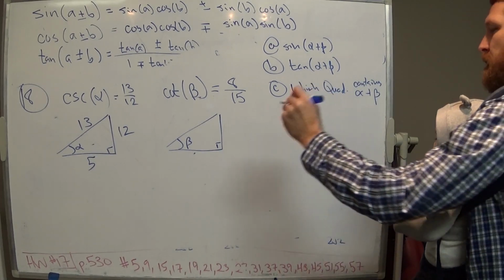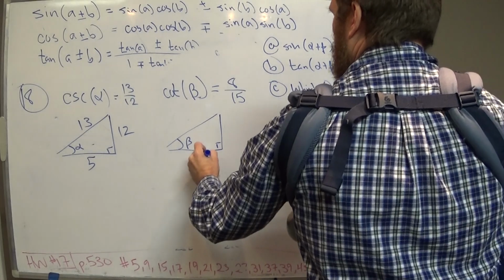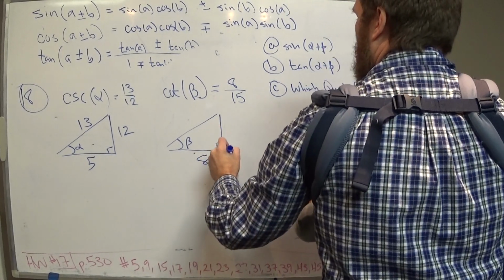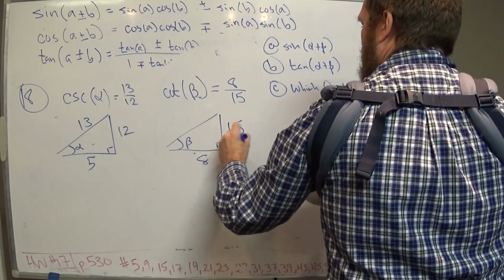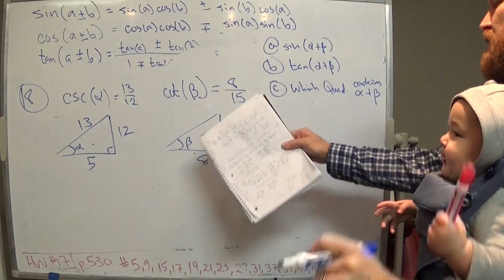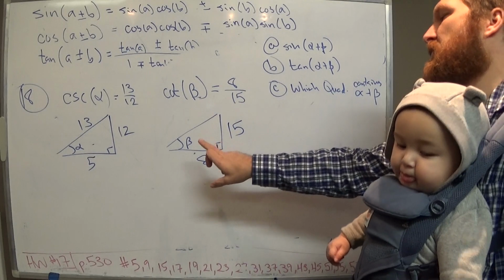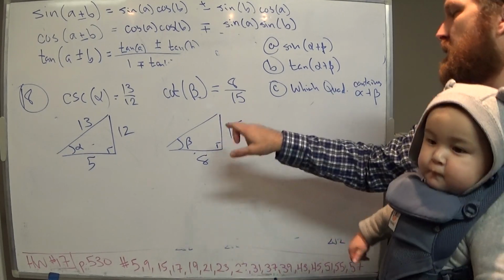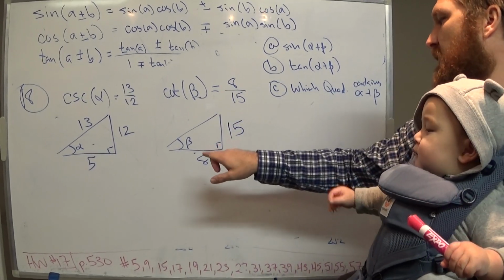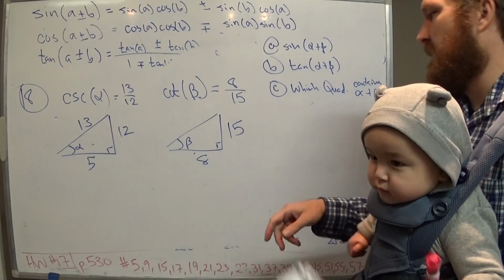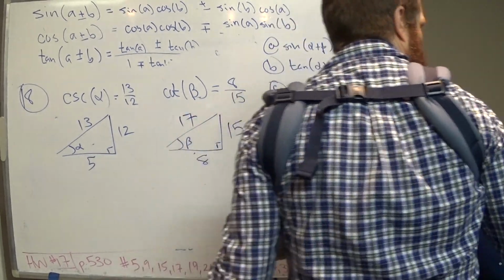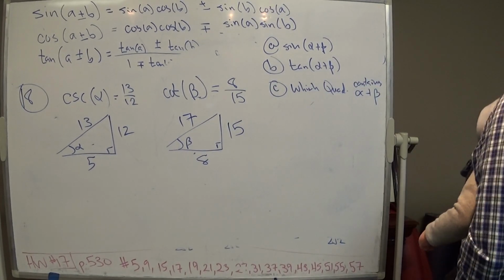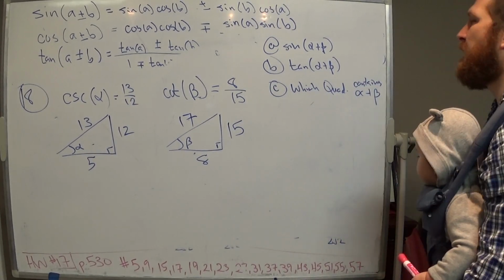The adjacent is 8, and the opposite is 15. If I said cotangent, tangent's opposite over adjacent, so it's the other way around. Cotangent of beta should be that over that. Yes, it is. Okay, good to go. This works out to be 17. Whew, buddy, you are so wiggly.